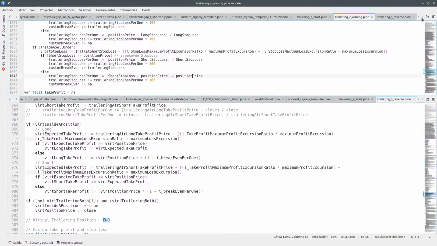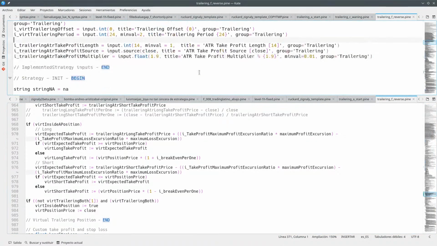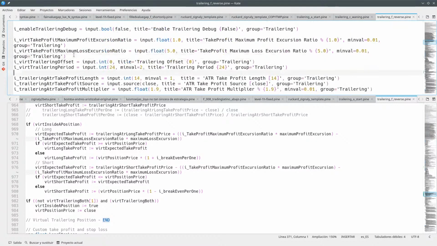So up here we're going to open the same file, and we have some inputs which we might need down here, which is the maximum profit expression ratio.